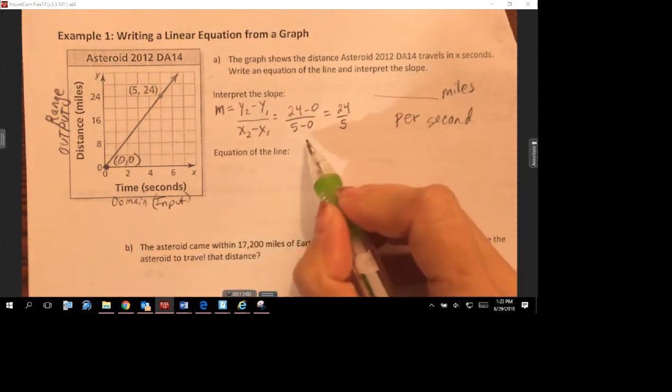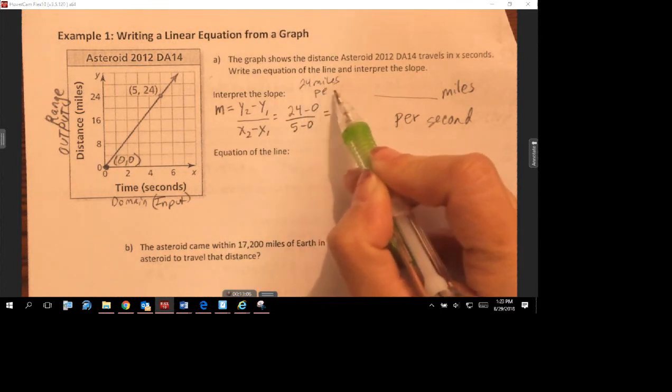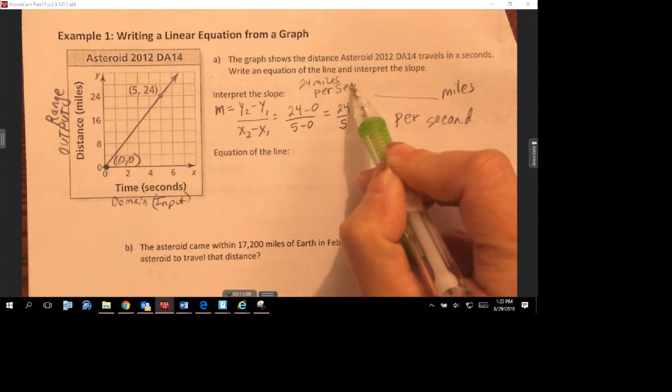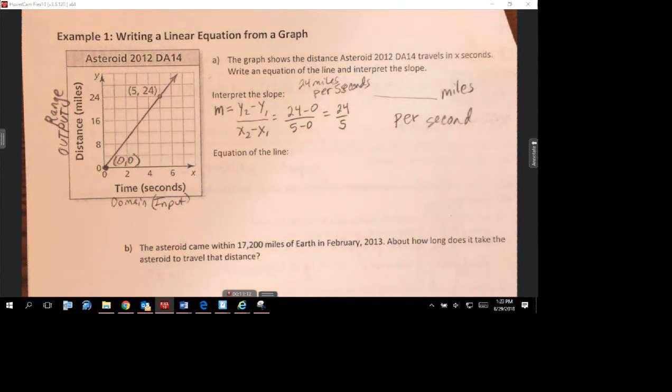So we could say 24 miles per 5 seconds. We could say that, but I wanted to reduce, so I can say how many miles per second. Because that is usually a rate that we would use. We wouldn't use per 5 seconds. Like when you drive a car, you're not driving 60 miles per 5 minutes, you always say per hour, right?